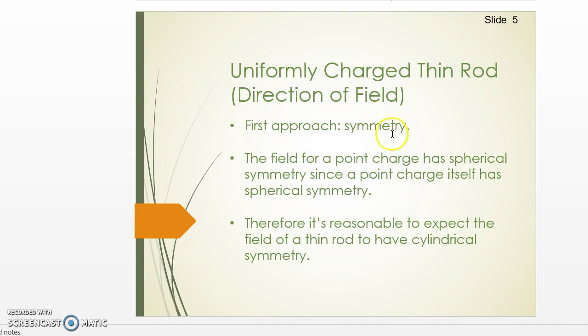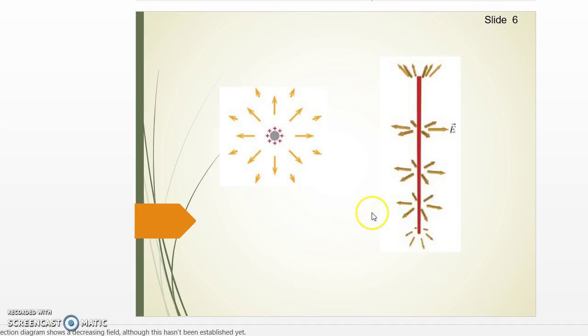First of all, we can just use symmetry, and this is the approach that Chabay and Sherwood use. They point out that we have cylindrical symmetry because we have a thin rod, and so these diagrams are from Chabay and Sherwood. This is a cross-section of the thin rod, and we get this circular symmetry when we look at the cross-section.